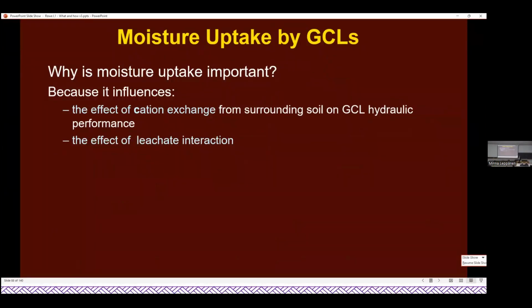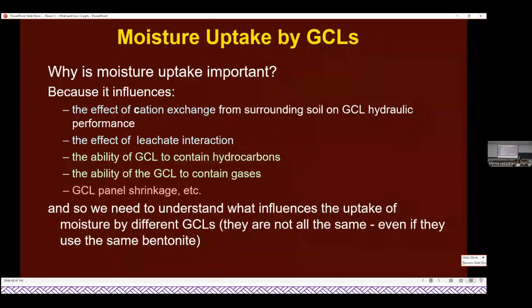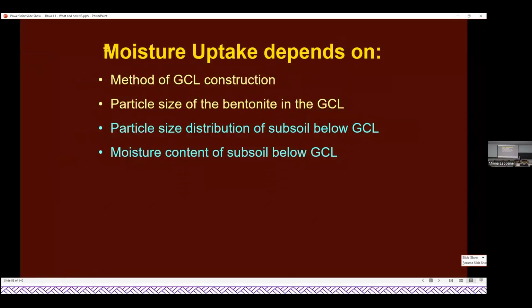And it's important because it influences something called cation exchange and interaction with leachate, which affects its hydraulic conductivity, its ability to contain hydrocarbons, gases, the likelihood of panel shrinkage. And we need to understand all of those factors. So they depend on many factors.